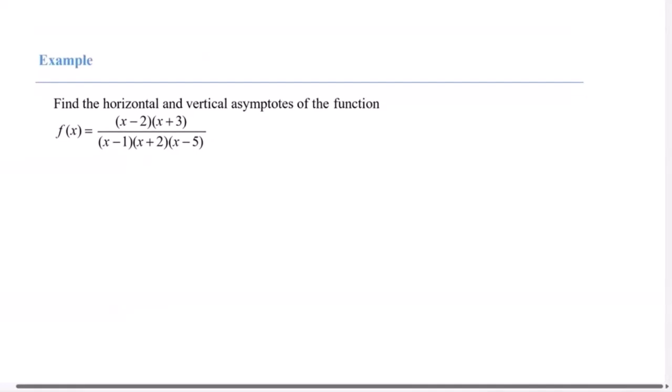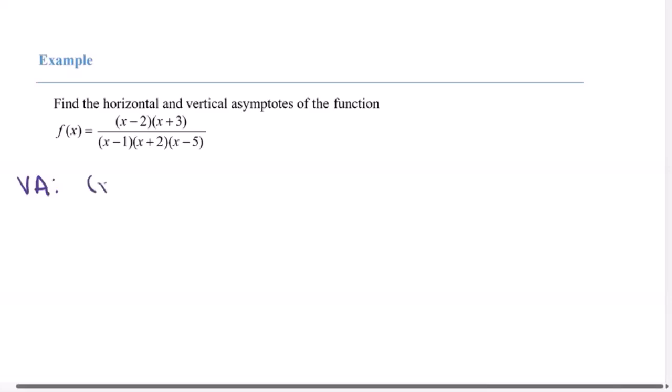All right, let's find vertical and horizontal asymptotes, and we're going to be done pretty soon. So how do I find vertical asymptotes? Well, I look to see if there's any factors in common. X minus 2, no. X plus 3, no. So all I need to do is look at my denominator.